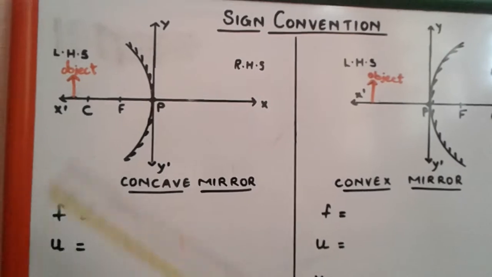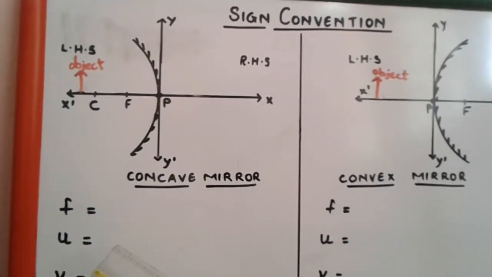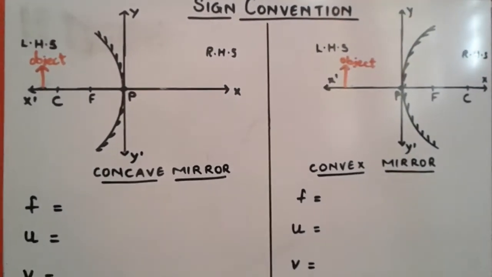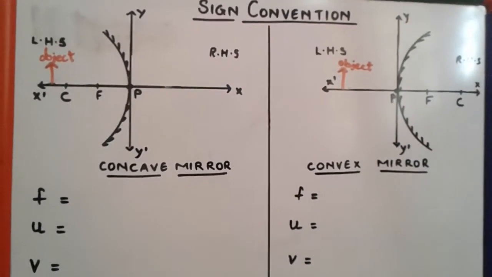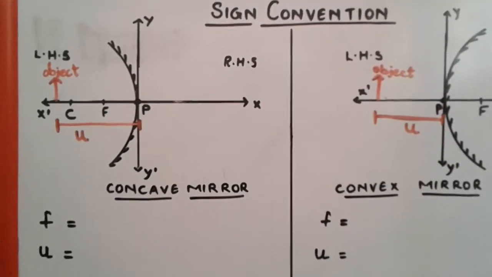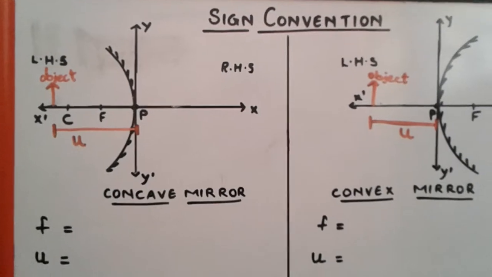The distance between the object and the pole is going to be the value of u in both cases. So we are now going to apply the sign convention and find out the value of u for the concave mirror and the convex mirror. You can see the distance between the object and the pole is marked as u here.